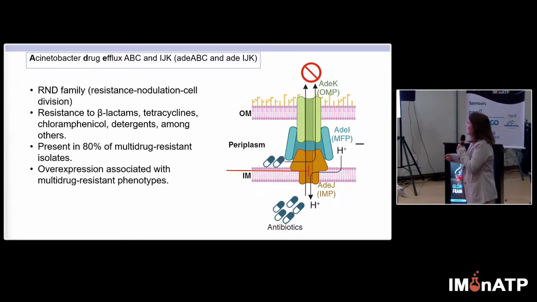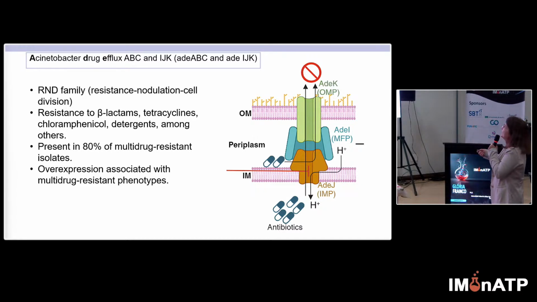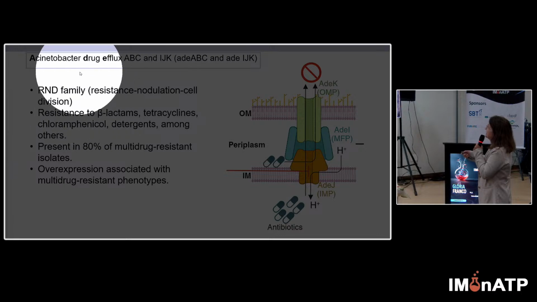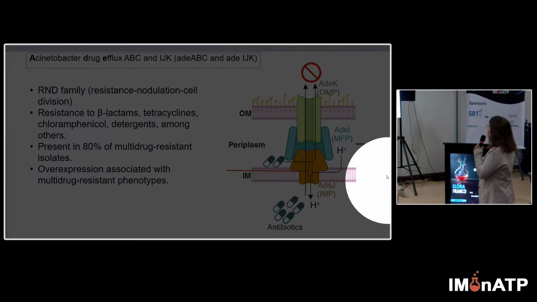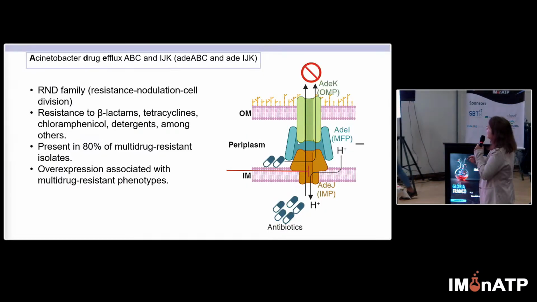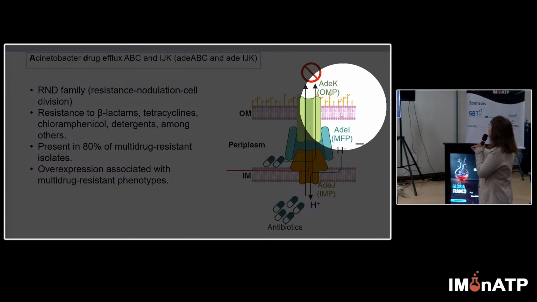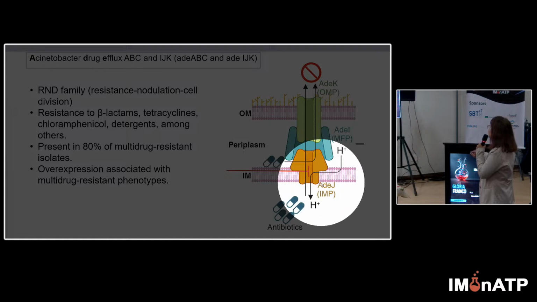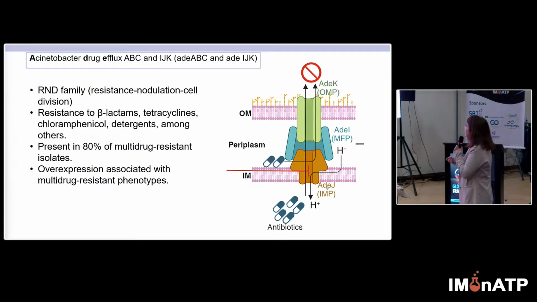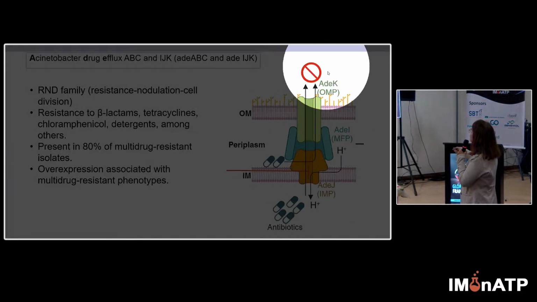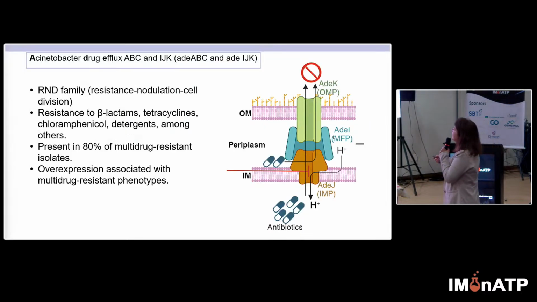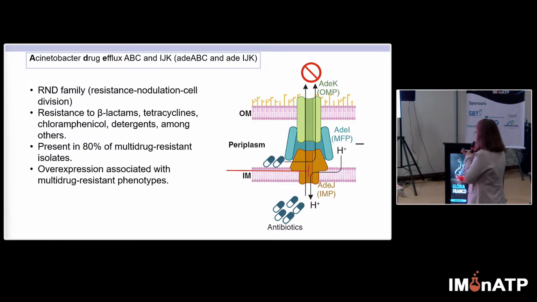And here are some examples of Acinetobacter efflux pump, drug efflux. And we see these genes, ADK, ADI, and ADJ. They are very important for extrusion of the antibiotic, and this was upregulated in the condition for the treatment only with the peptide.